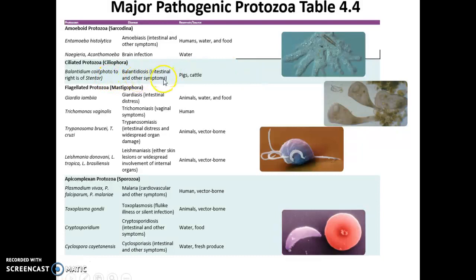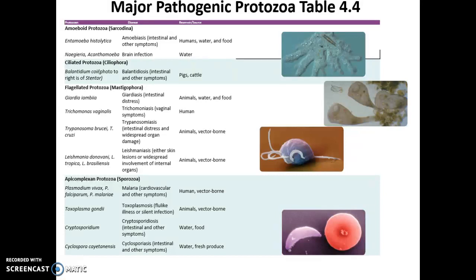This causes intestinal distress, and it's contracted by eating improperly cooked pork and beef. I think really the pigs get the bad picture within that disease, but you can actually get it from undercooked meat from either source.